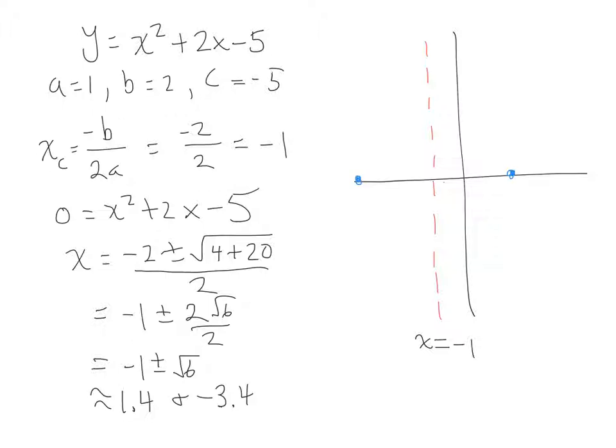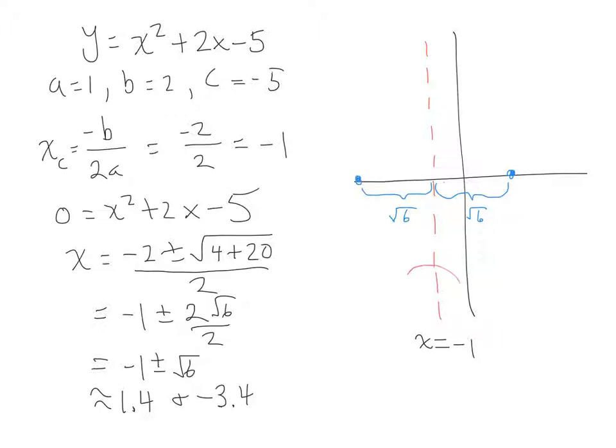And the point that I want to make is that this distance right here is the square root of 6, and this distance right here is the square root of 6. Remember, we're square root of 6 either side of -1.